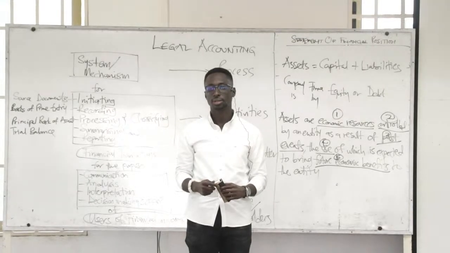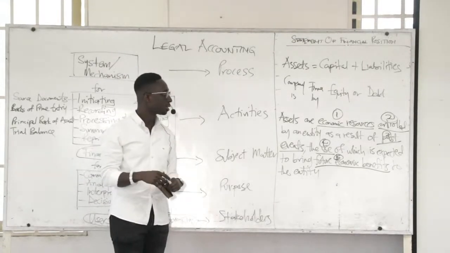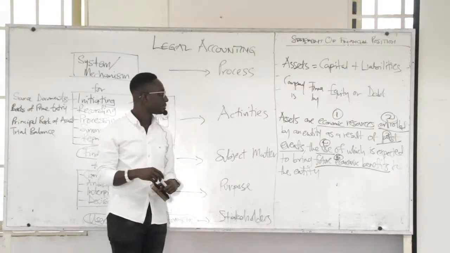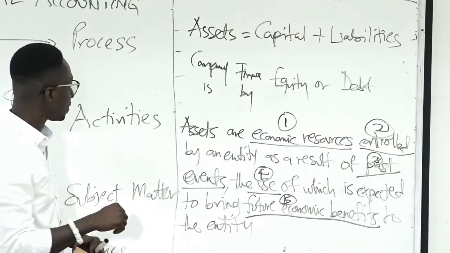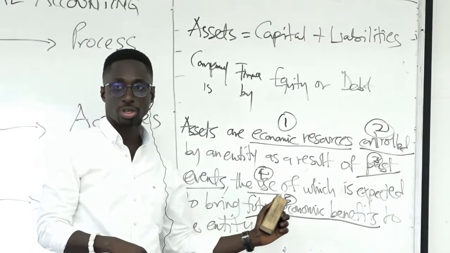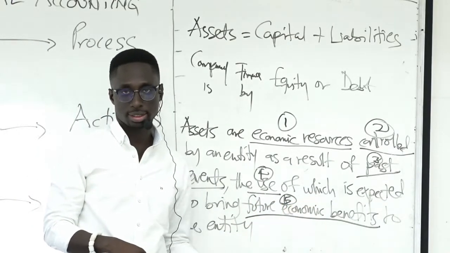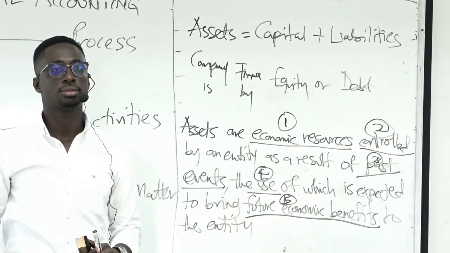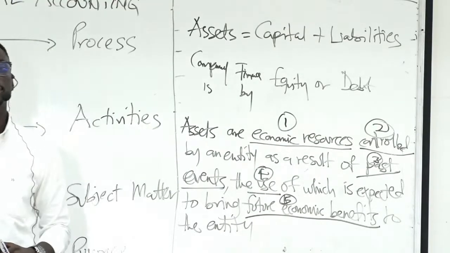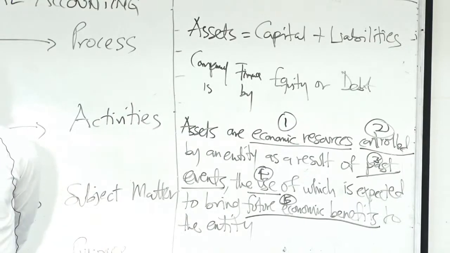Economic resources controlled by the use of which is expected to bring benefit to the entity. Okay. So he says a liability is some benefit or debt. Anybody else? These are debts, expenses, anything that... Okay.